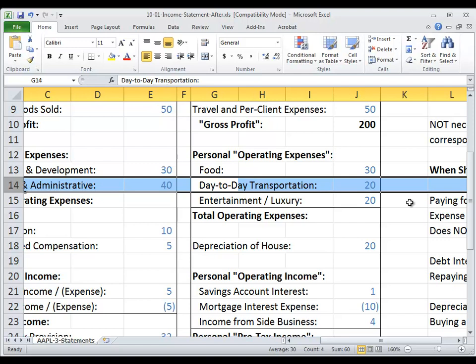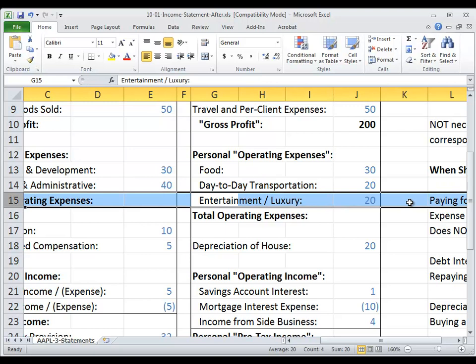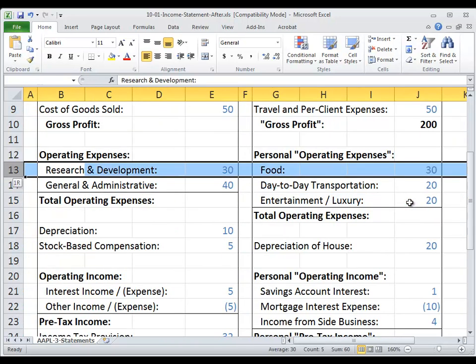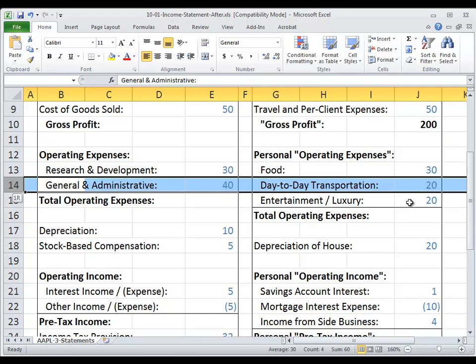And then entertainment and luxury, so going on vacation, paying for new clothes, anything like that would be considered a personal operating expense here. And again, for a company, the main items are researching and developing new products, and then selling those new products, and then also paying for staff to support those new products, anything that's not directly linked to selling individual items here.